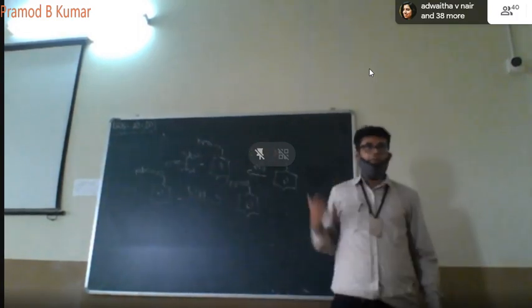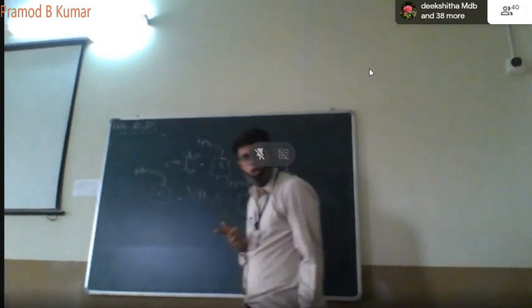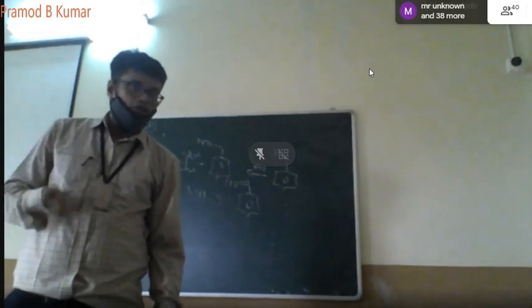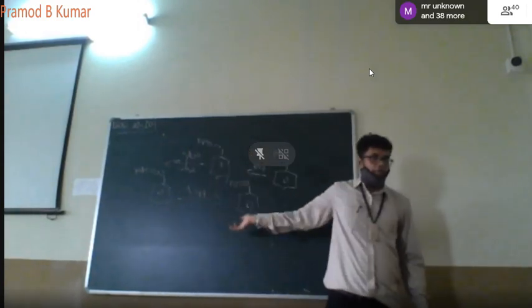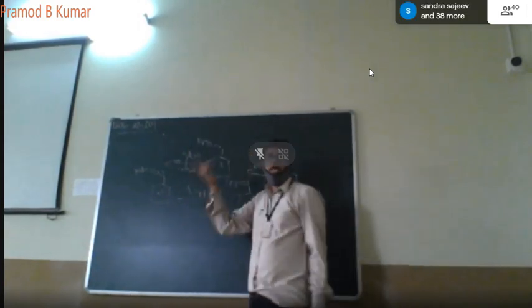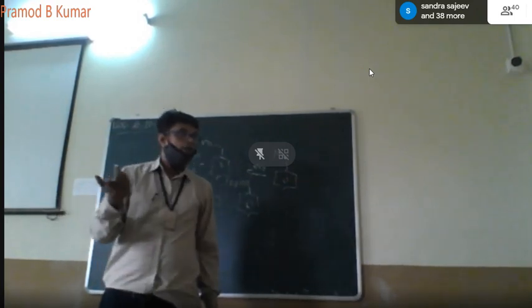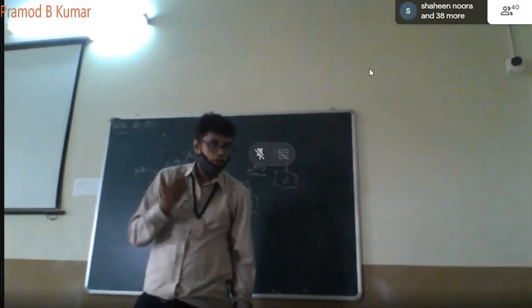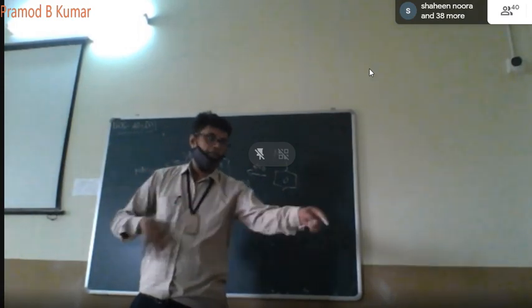So benzyl chloride gets converted into benzyl alcohol, which gets oxidized in the presence of alkaline KMnO4 to give the sodium salt of benzoic acid, which on neutralization with HCl gives your benzoic acid.